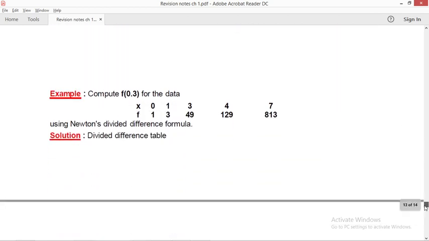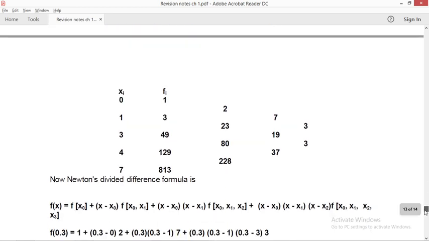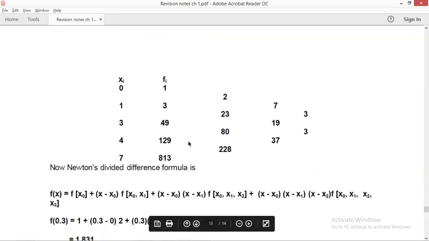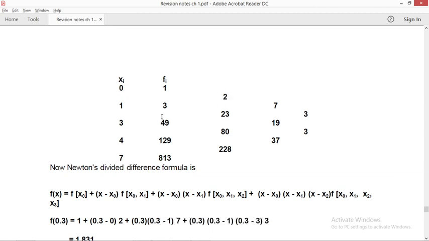Now, let's see an example with the given x and f values. We can make the table like this. This 2 is obtained from 3 minus 1 divided by 1 minus 0. 23 is obtained by 49 minus 3 divided by 3 minus 1. 80 is obtained from 129 minus 49 divided by 4 minus 3.